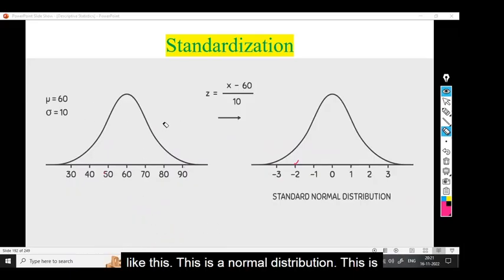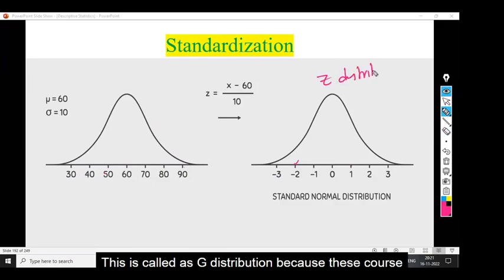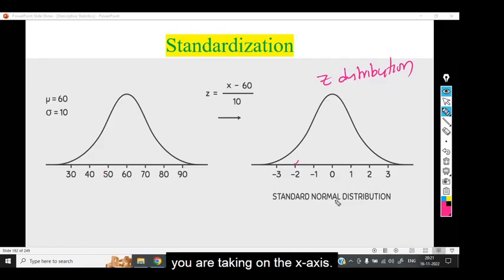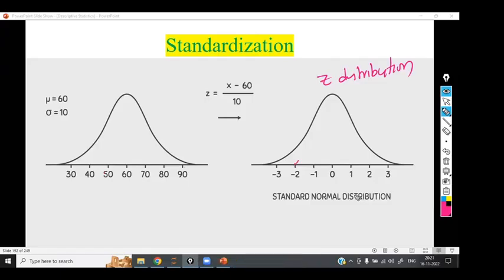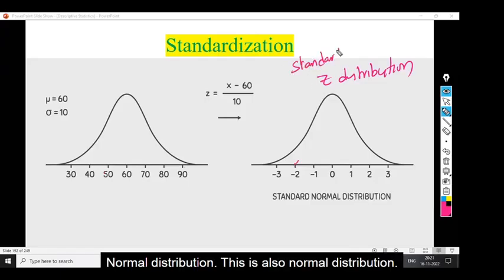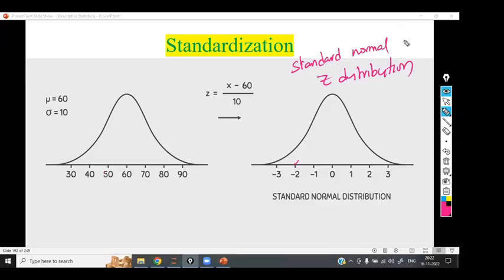This is a normal distribution. This is called the Z distribution, because you are taking z-scores on the x-axis. The Z distribution is also called the standard normal distribution. This is also a normal distribution, but after applying the standardization process.